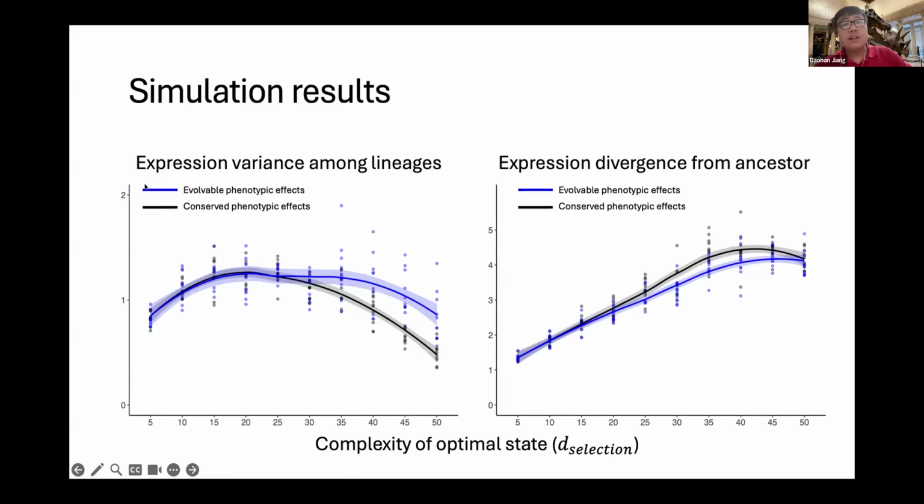And here's the simulation result. The setting is exactly the same as the first one, except the C matrix can evolve, and it's directly compared to the first one. The first simulation's result here is in gray, and the new simulation is in blue. At high complexity, allowing C to evolve generally increased expression variance among lineages, and also decreased expression divergence a little bit.